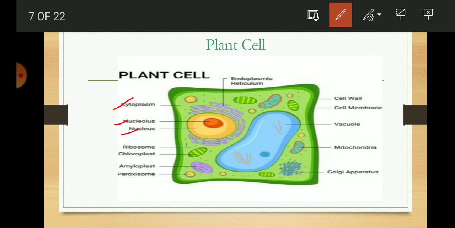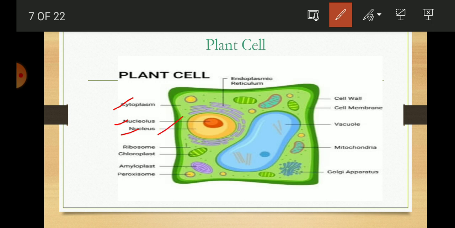Students, the nucleus is a very essential part of any cell because it contains the genetic material, or the chromosomes. What is a chromosome? It is what is transferred from one generation to the next generation, or you can say from parent to child. This chromosome is present in the nucleus.